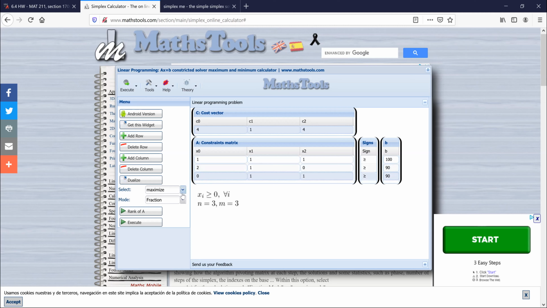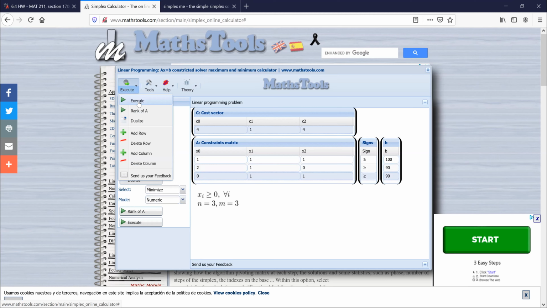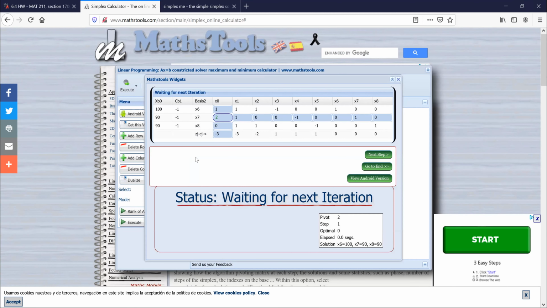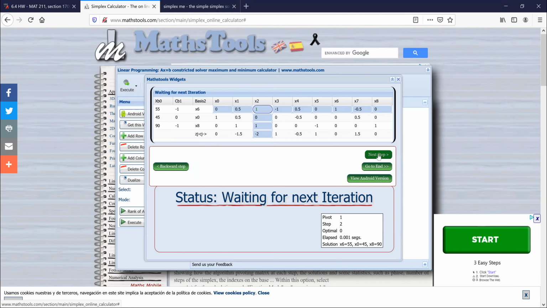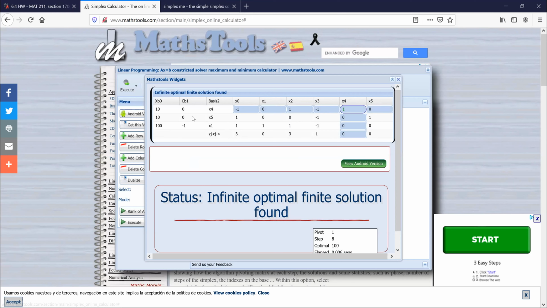We're trying to minimize. I don't know why it says fraction numeric. Let me just try that. And then I guess both execute buttons work. Execute. Next step. I wonder what these next steps are. Okay, they're trying to show you the steps. You don't care about that. I don't care about that either.